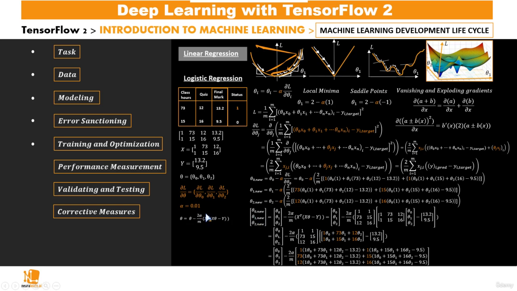Now, normally or intuitively you may feel like you should use a for loop to go through each of the thetas. That is, you may say, okay, for i going from 0 to 1, you find the partial derivative for each of these terms. So you may be tempted to use a for loop. So we could go for i equals 0, use this formula, get the partial derivative, and then apply the gradient descent algorithm.